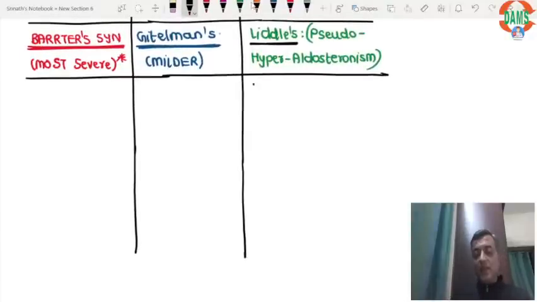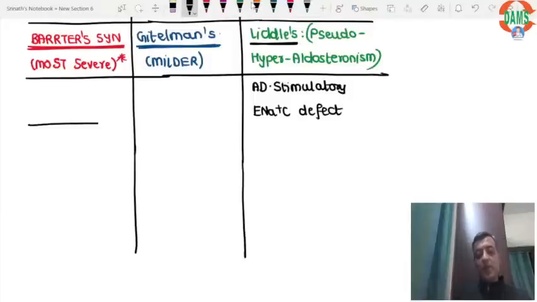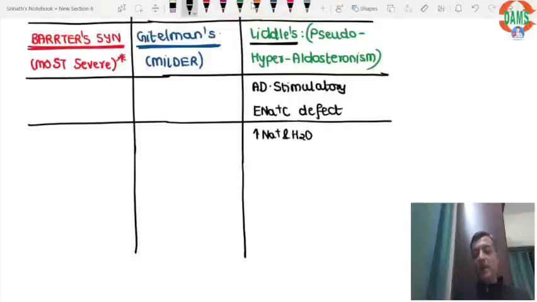Liddle's syndrome is an autosomal dominant stimulatory ENaC defect. Because of this ENaC defect, the patient is going to have increased sodium and water reabsorption from the tubule.